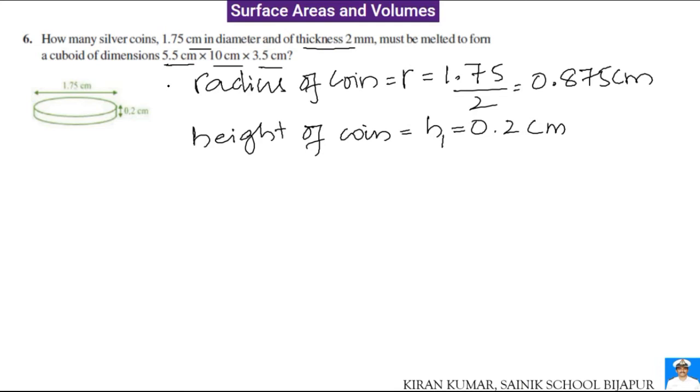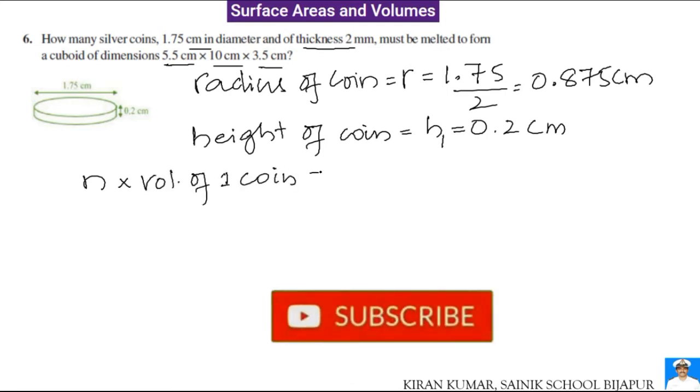Here they have given the dimension of the cuboid. Length is 5.5, breadth is 10, and the height is also given, it's 3.5. So if you consider the number of coins as n, n times the volume of one coin will be equal to the volume of cuboid.